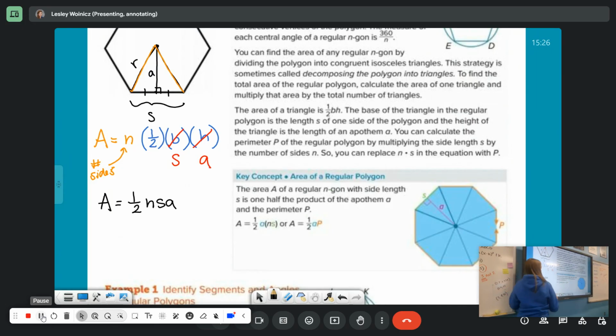The advantage of 1/2 times A times N times S is that the number of sides times how long the side is actually the perimeter. So I can write it as 1/2 AP.